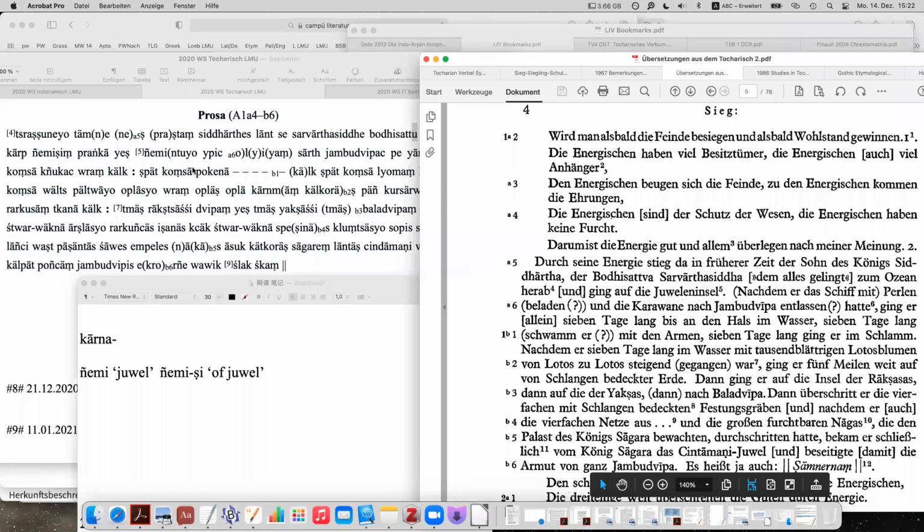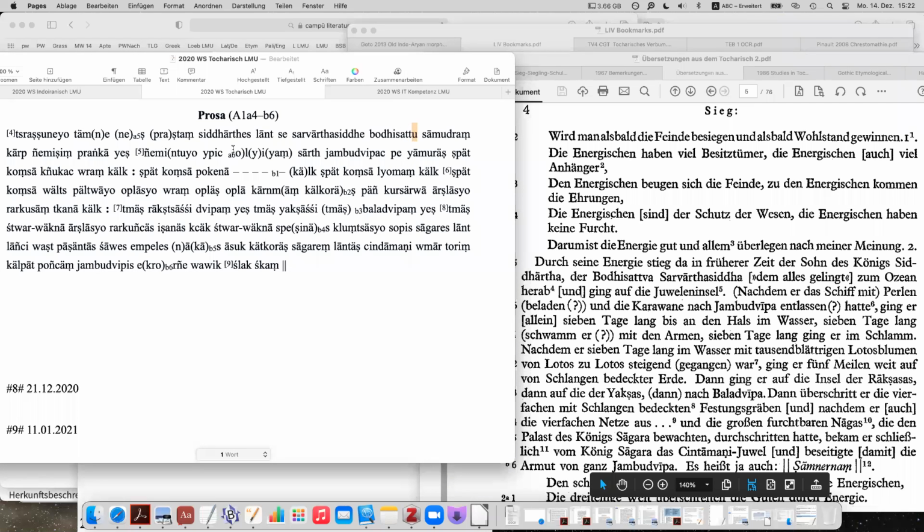Okay, and then the next one, Nemintu yo pitch or li yam sart jambu repatch pe yamu rush. Here Nemintu yo is instrumental plural of nemi.